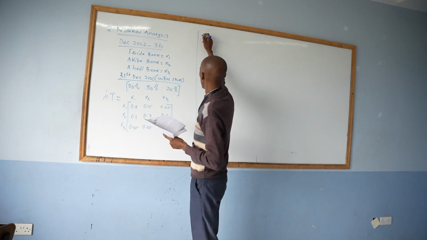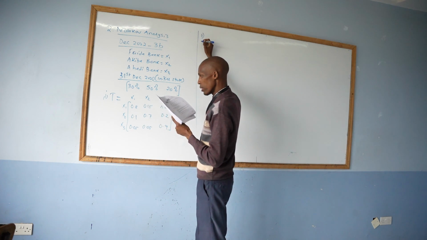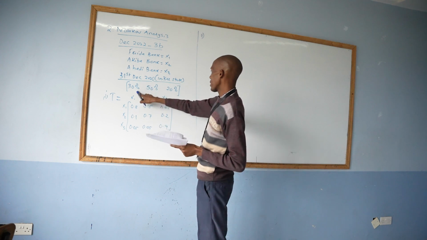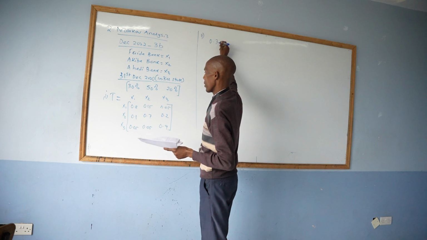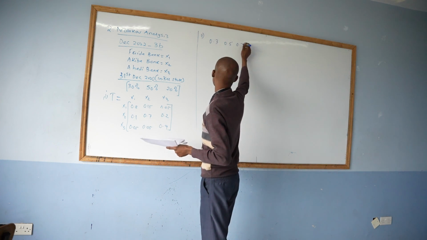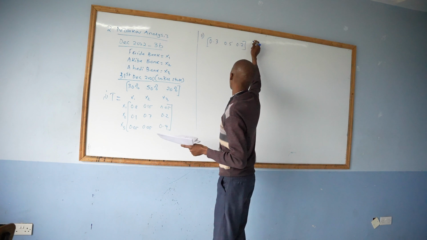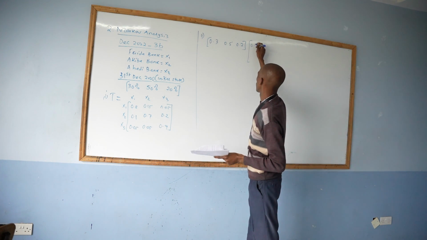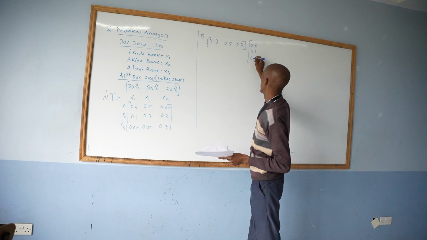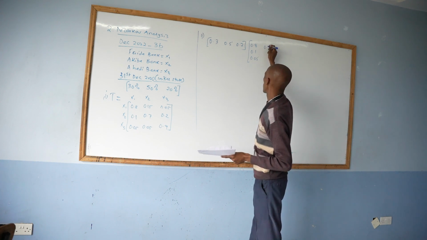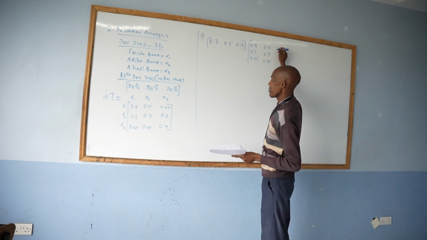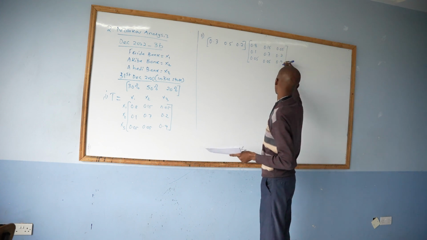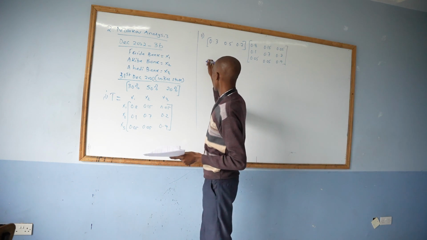So to answer question number 2, shares at December, we need to take this vector, 0.3, 0.5, 0.2, and multiply by the transition matrix: 0.8, 0.15, 0.05; 0.1, 0.7, 0.2; 0.05, 0.05, 0.9.